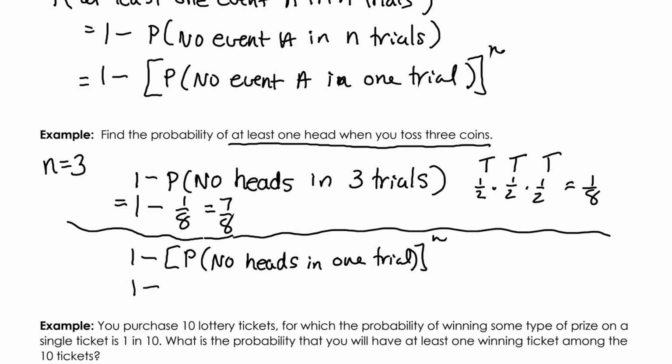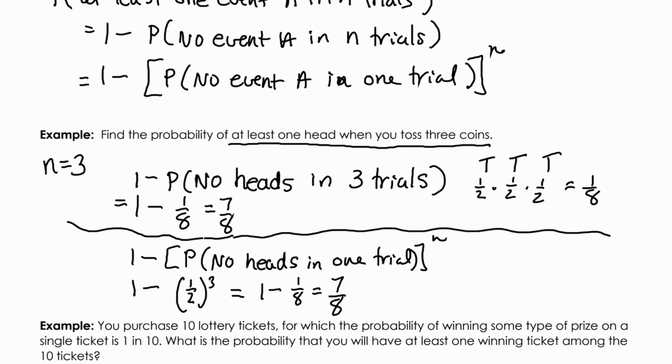If I flip a coin and I get no heads, that means I get a tail. Well, the probability of getting a tail is 1/2. So the probability of getting no heads in 1 trial would be 1/2. And I have to raise that to the 3rd power.